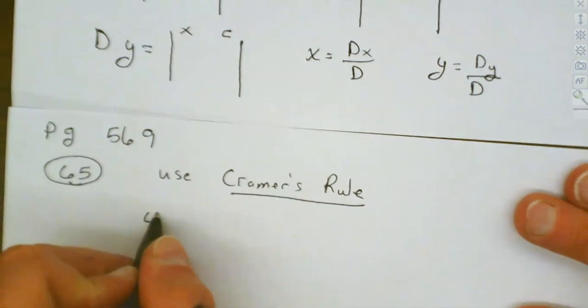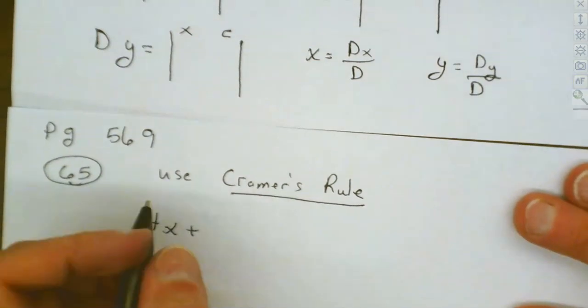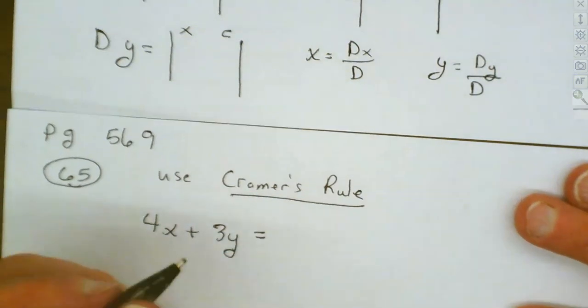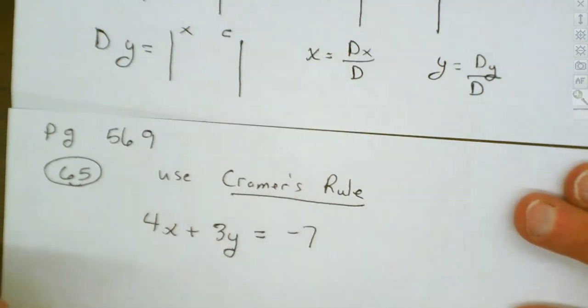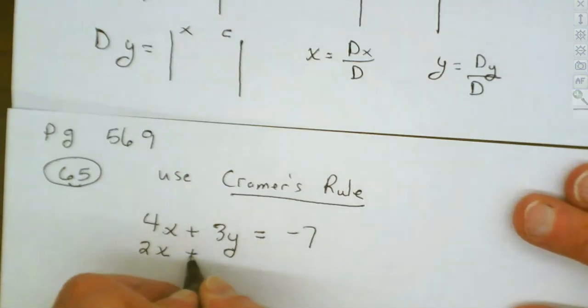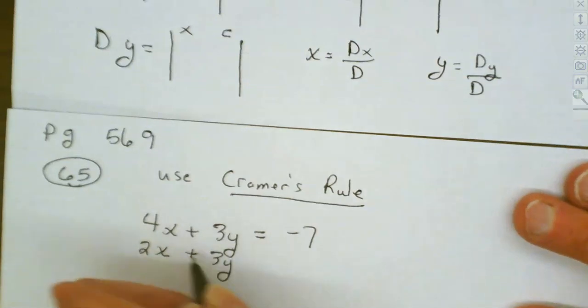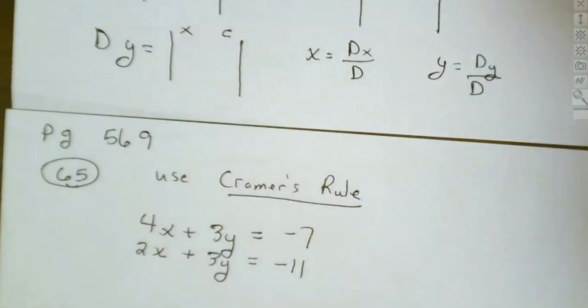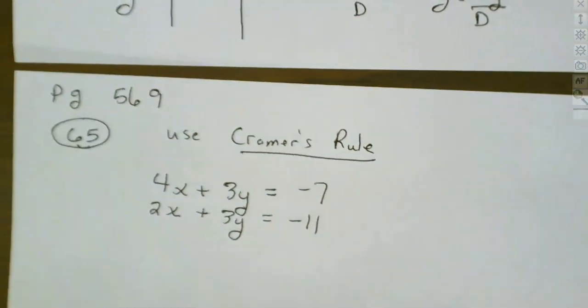And we have 4x plus 3y equals negative 7, and we've got 2x plus 3y equals negative 11. Okay, so we write these so it looks right here.